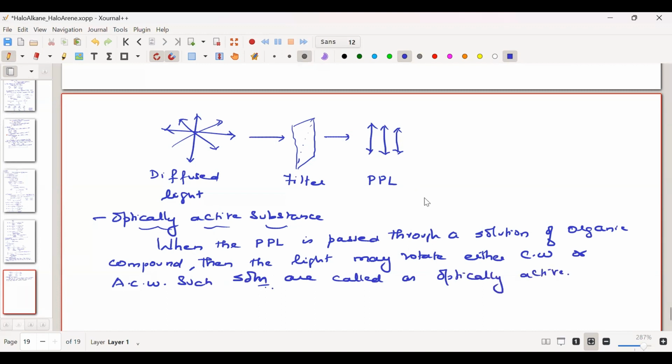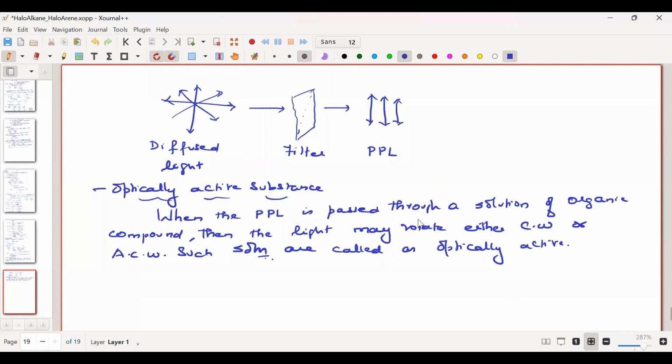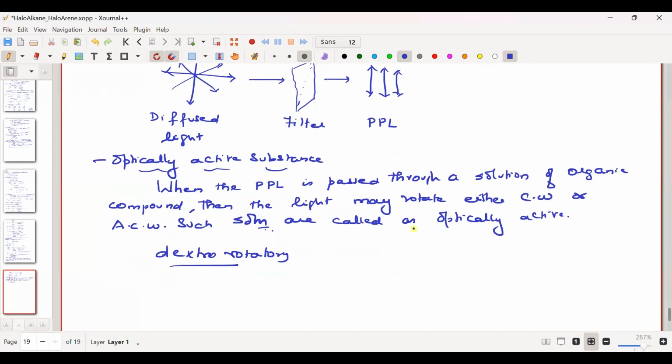Okay, and இதுல வந்து we say something known as dextro-rotatory. So what is dextro-rotatory? If PPL is rotated clockwise, is known as dextro-rotatory.